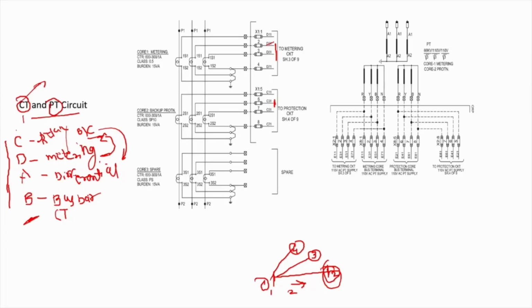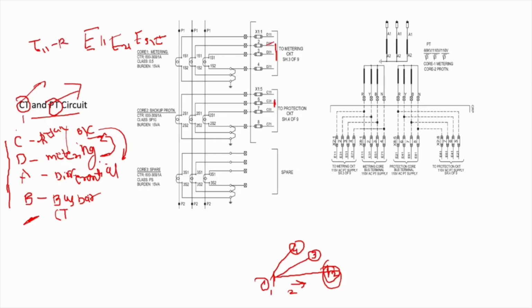Now let's talk about PT. PT is used for both measurement and protection. Okay? The PT's ferrule starts with E, for example E1, E21, E31, E51. E1 is to be understood as the R phase.